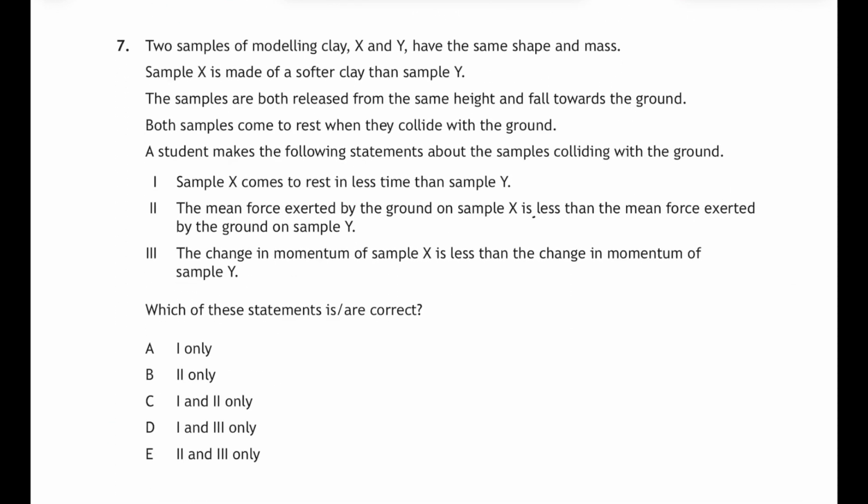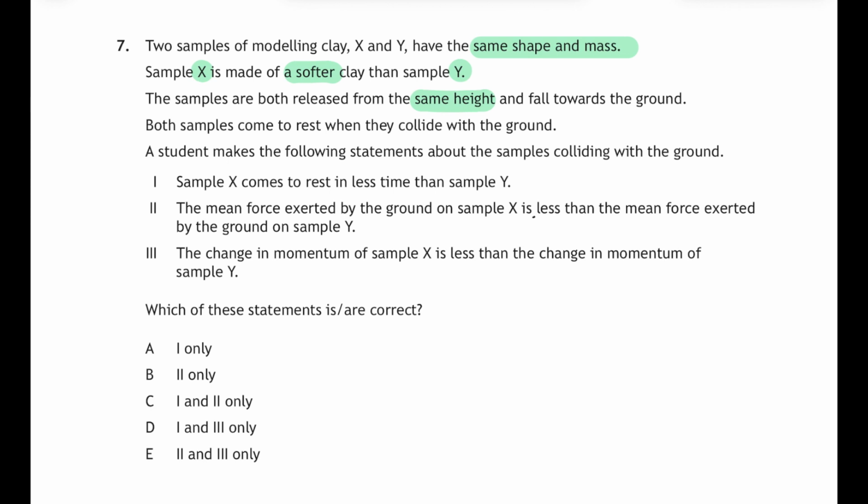Two samples of modelling clay X and Y have the same shape and mass, but sample X is made of a softer clay than Y. They both fall from the same height towards the ground, and they both come to rest when they collide with the ground. And the student makes the following statements about the samples colliding with the ground.